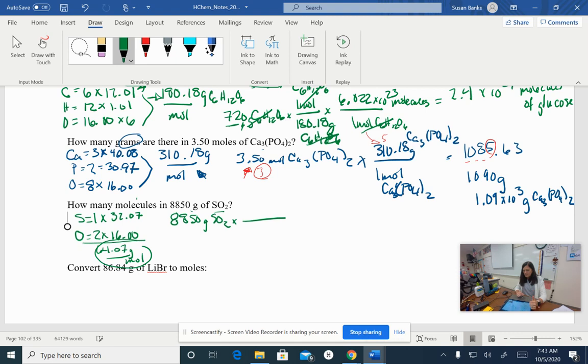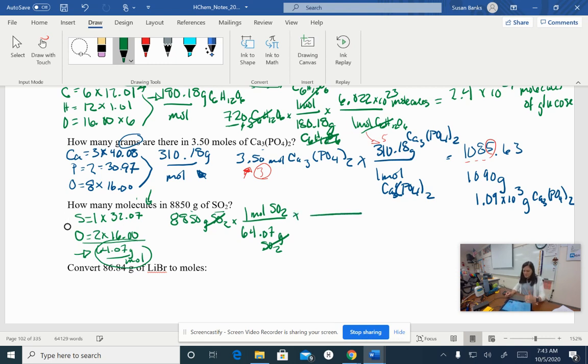Now I want my grams to cancel out. So I'm going to put the grams of this conversion factor that I just figured out on the bottom. So 64.07 grams of sulfur dioxide will give me 1 mole of sulfur dioxide. Okay, so my grams of sulfur dioxide cancel out. I have moles, but I want molecules. So to do this last step, I need to use Avogadro's number.